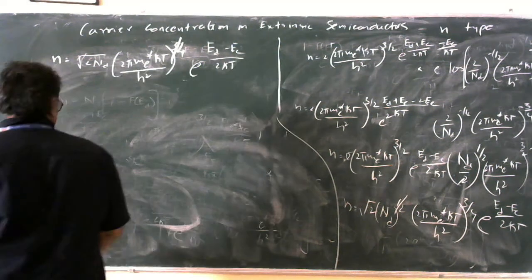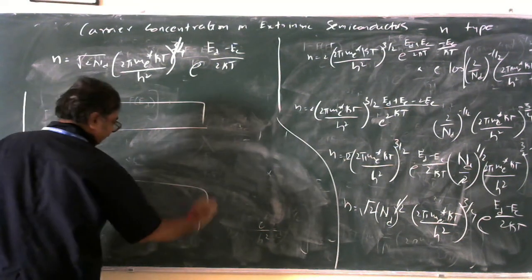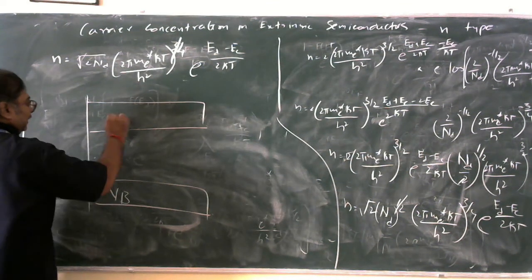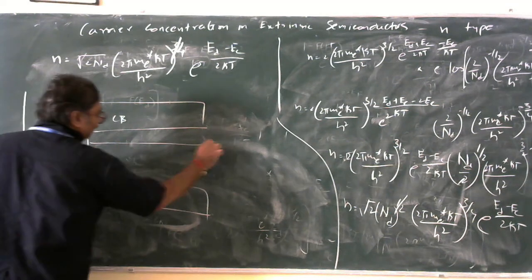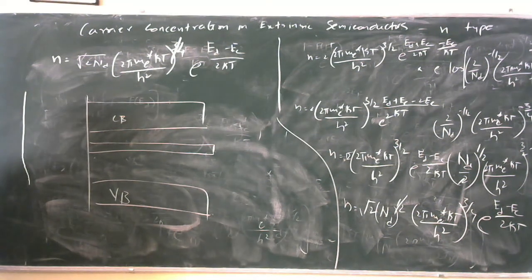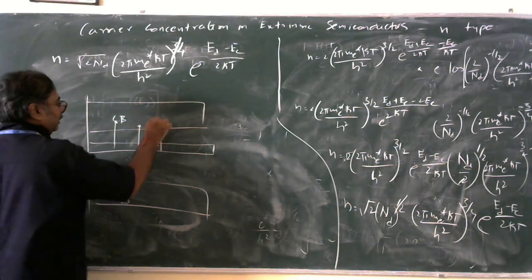So when we take a band diagram, this is the band diagram. This is the valence band and this is the conduction band, and the donor level is the pentavalent atoms' energy level. So what is happening? This is donating electrons, so the electrons are moving to the conduction band.